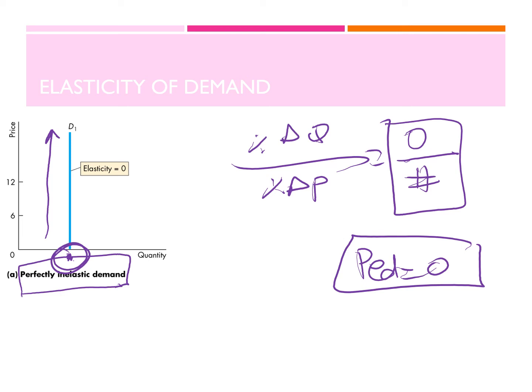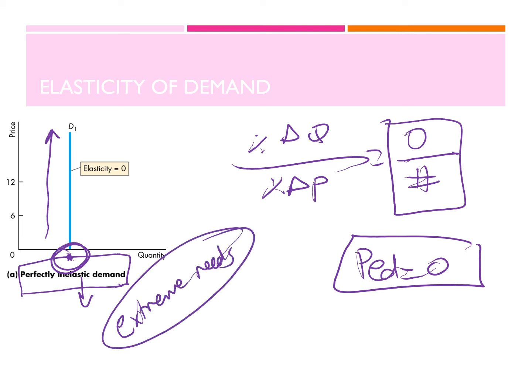Let us explain this. Mainly we will be talking about needs. Since this is a perfectly inelastic demand, we are talking about extreme needs in life. It would be a matter of life or death. It is a medicine such as, for instance, chemotherapy. God forbid I am a cancer patient and I need 10 sessions of chemotherapy. No matter what the price, I will be demanding these 10 sessions.